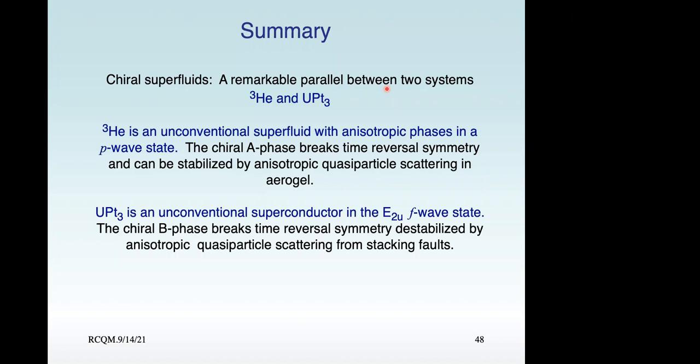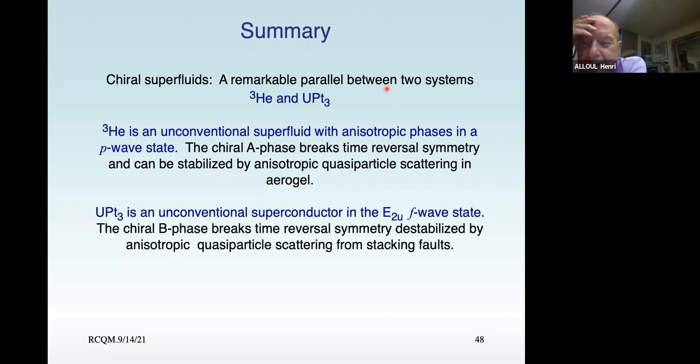Thank you. Yes, I had a very nice talk. I didn't know all this, so I am really learning here. But one question I have is, in the case of helium-3, you show that you can suppress one of the phases by the anisotropy that you induce. Did you study how this happens if you change the magnitude of the anisotropy? Yes, of course.